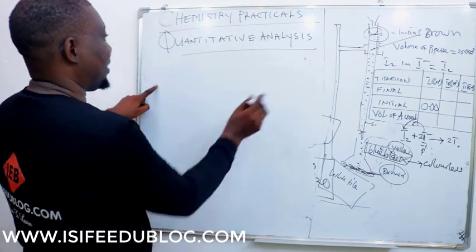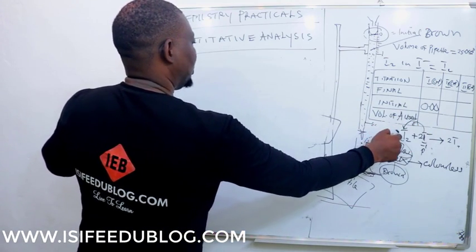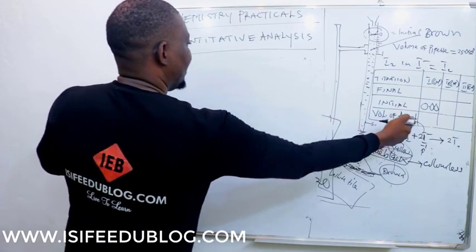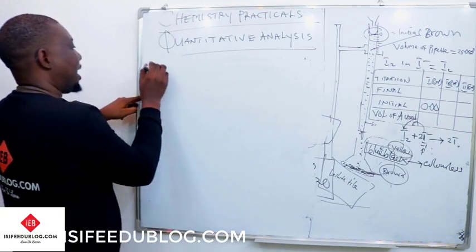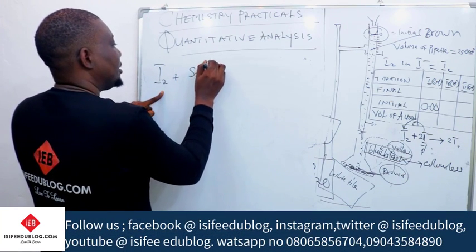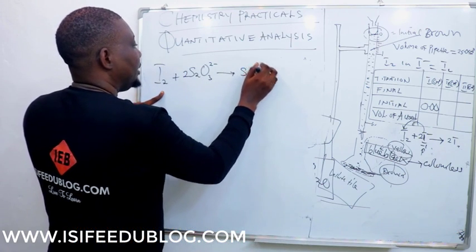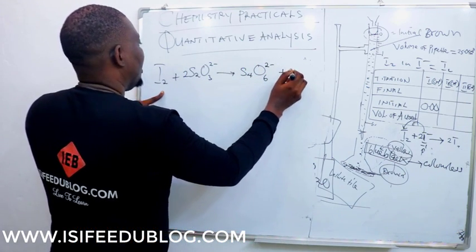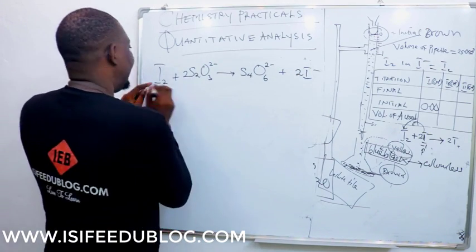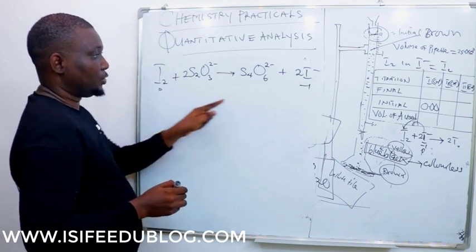So this iodide gives electron to iodine to form free iodine, which will react with thiosulfate to form tetrathionate plus iodide. Actually, in this reaction, iodine has been reduced from iodine to iodide.